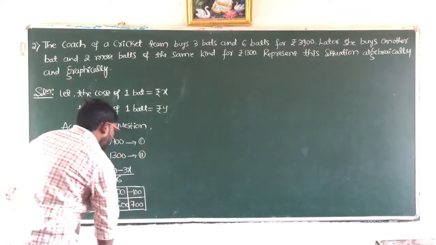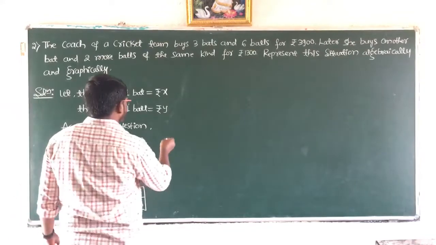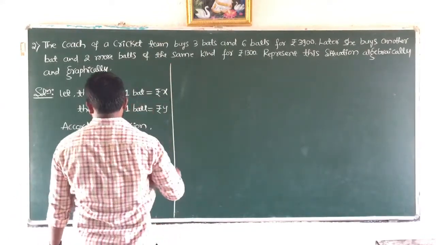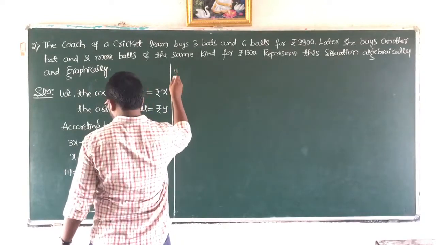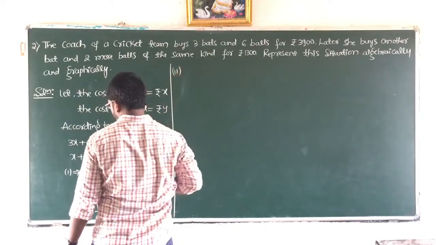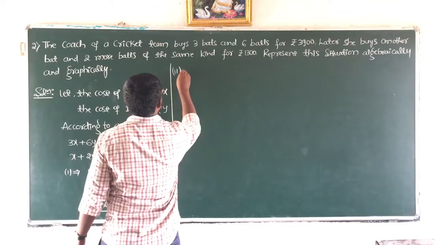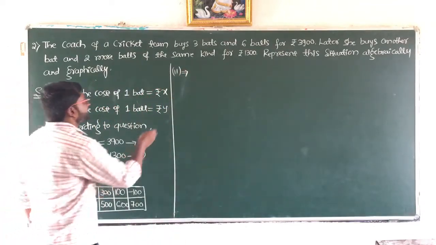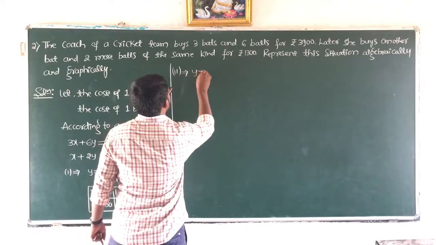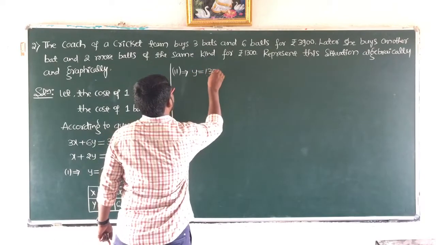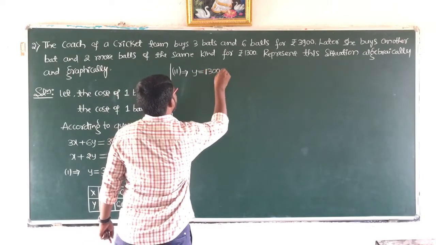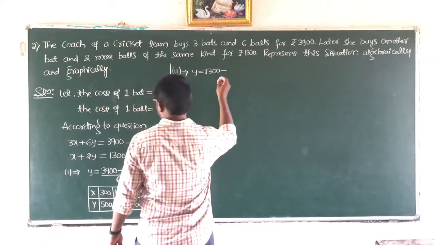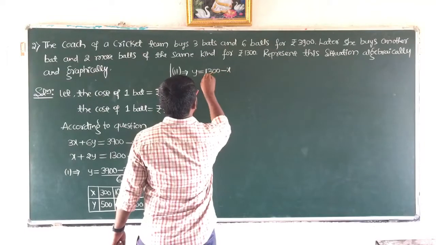So this is about the first table. Let us go for the second table now. From equation 2, let us separate y. So from equation 2, separating y, we get y equal to (1,300 minus x) divided by 2.